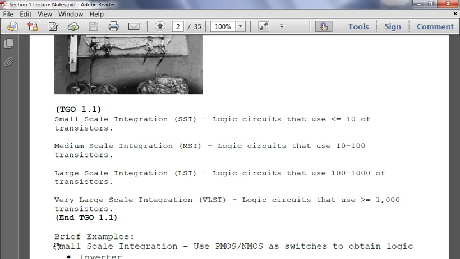And as you put all these together to form a data path for a computer, this is when you get to very large scale integration, greater than or equal to 1,000 transistors. So VLSI is 100 to 1,000, MSI is 10 to 100, and SSI, small scale integration, is less than or equal to 10.